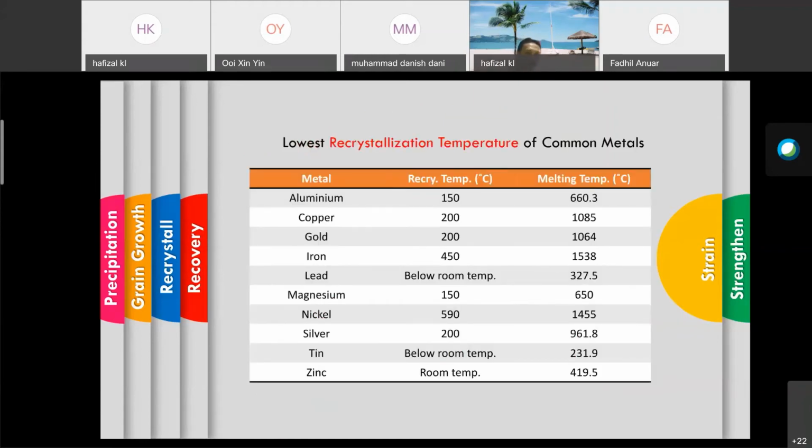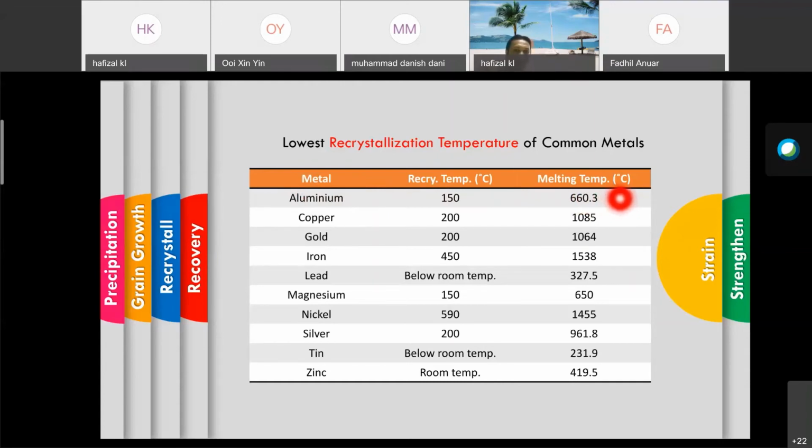So we have the recrystallization temperature, which is basically determined when we compare to the melting temperature of the material. Let's say we look at aluminium. The melting point of aluminium is 660.3.